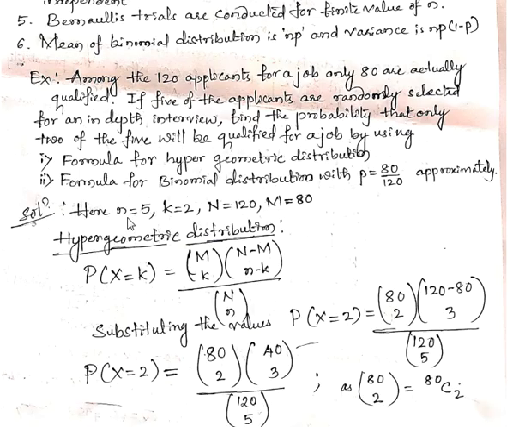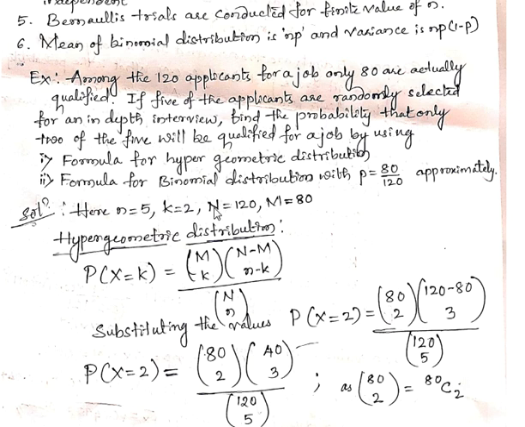Here n is 5 because 5 of the applicants are randomly selected, and k is equal to 2, because the probability that only 2 of the 5 will be qualified, so k is 2.